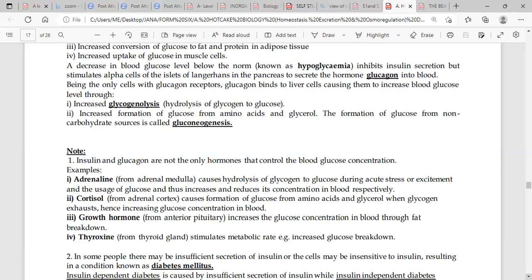Also, other hormones are involved. They perform specific roles depending on the situation that an individual is in. If he's excited, he's preparing to fight, he needs a lot of energy. So such an individual expects adrenaline to increase being secreted by the adrenal medulla, which will bring about all those effects.